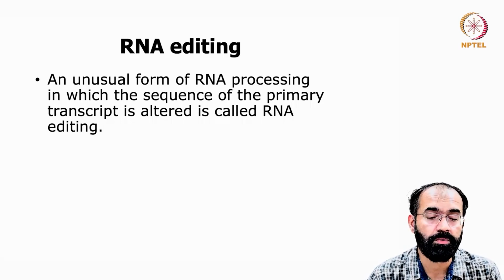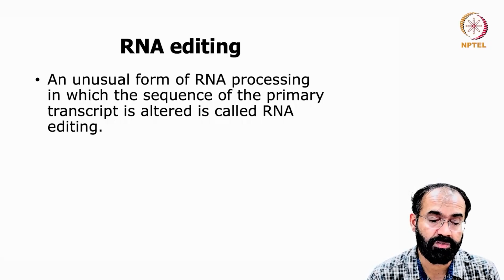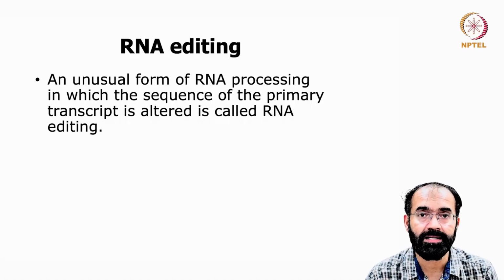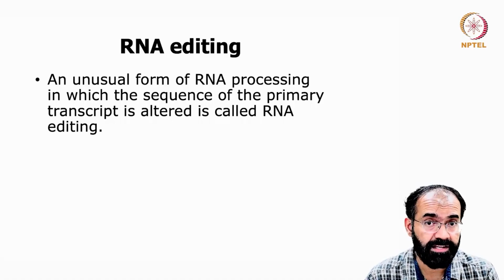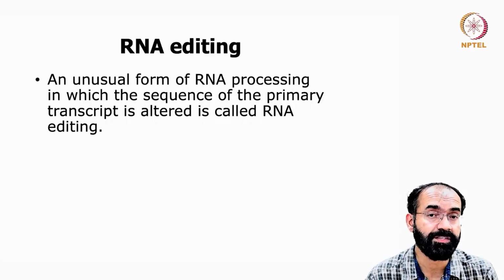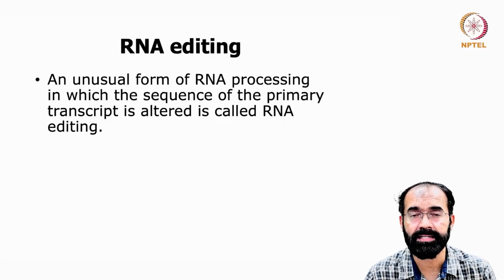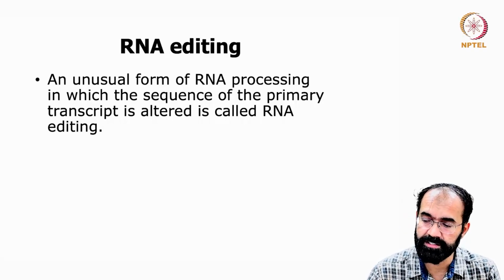Now coming back to RNA editing, it is an unusual form of RNA processing in which the sequence of the primary transcript is altered, and this is called RNA editing. Whenever a change occurs at a specific base, we call it RNA editing. RNA editing can cause a do or die situation.